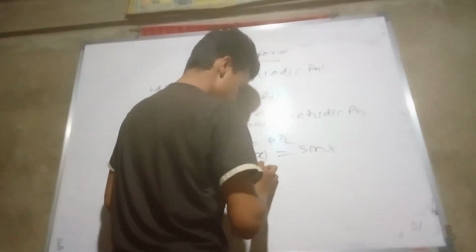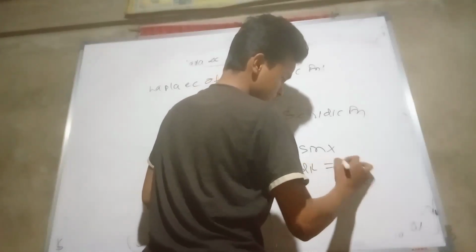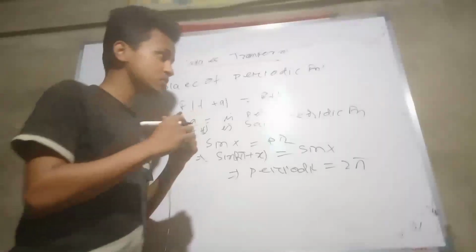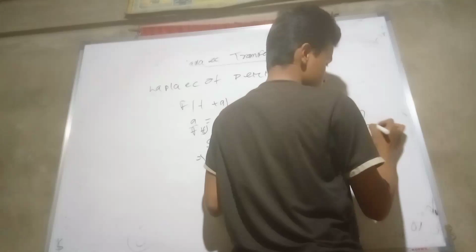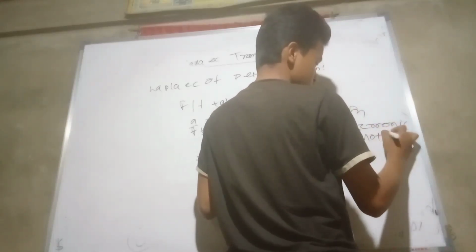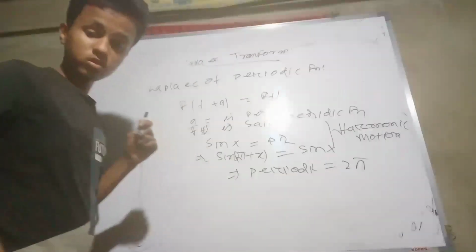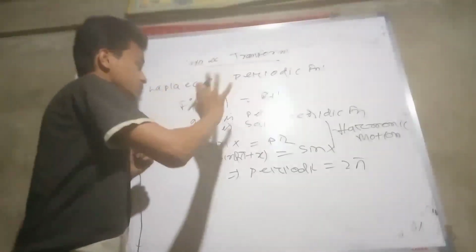So here the period is what? The period is 2 pi. Based on periodic functions, we have simple harmonic motion. I am not going into detail here; we will cover it. So that is the type of periodic function. What is the periodic function?